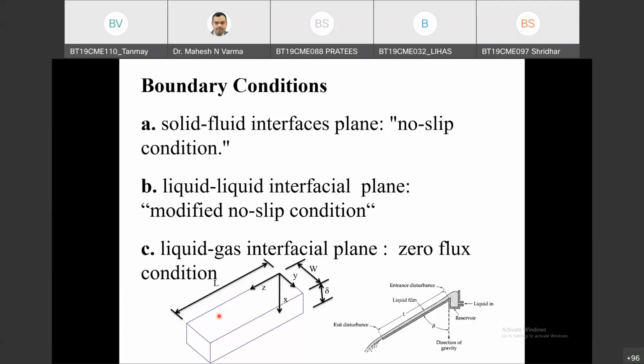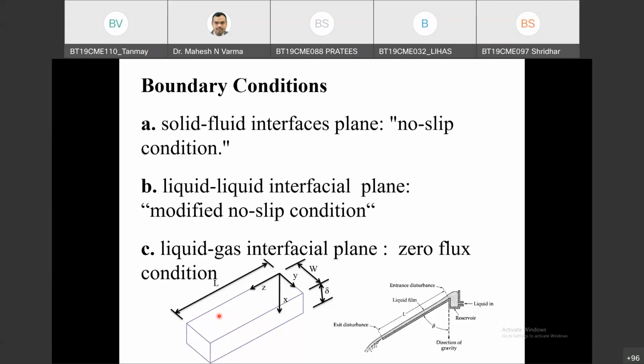Hence, the gas will not be able to exert any, or only negligible, shear stress on the liquid. That is why the flux condition will be 0.